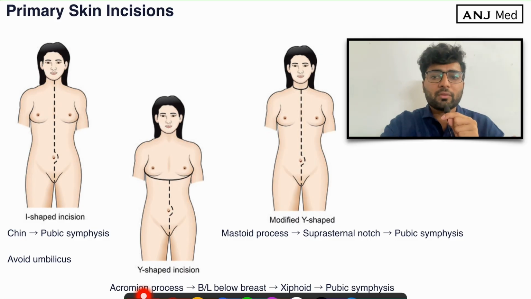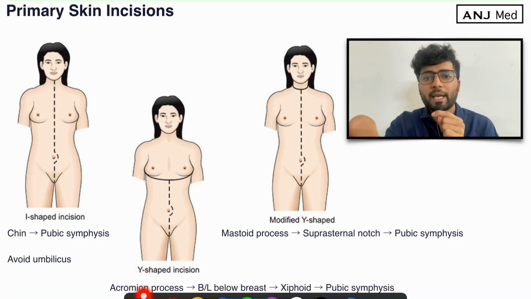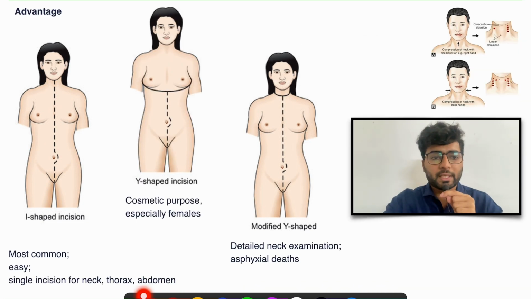The Y incision is done for cosmetic purposes, and this modified Y is done for asphyxial death. The I is the most common and easy, a single incision that opens all three cavities: neck, thorax, and abdomen. Second is the Y incision, which we do below the breast for cosmetic purposes, and the modified Y is done for asphyxial death, where we have to examine the bruises in throttling or the neck injuries.